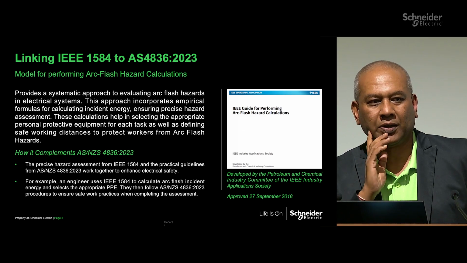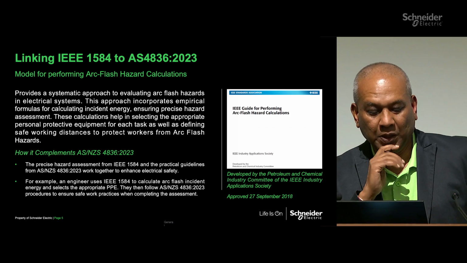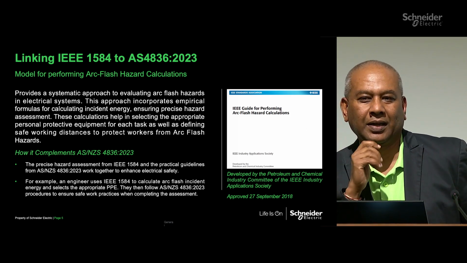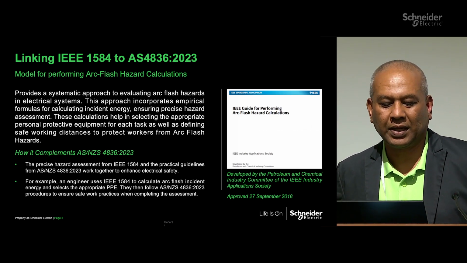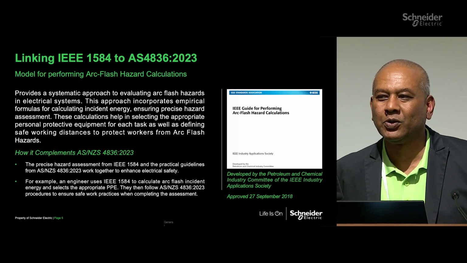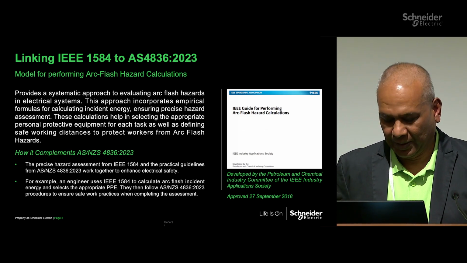So you'd model the network and run the tool, and it will be to the latest version of the standard. If you only run a low level low voltage network, you can use the Australian AS4836 as a guide. It'd probably be good enough to guide you on what you need to do for arc flash.